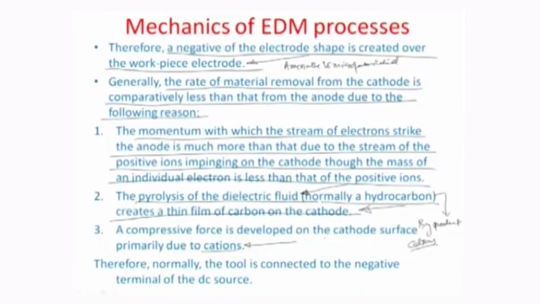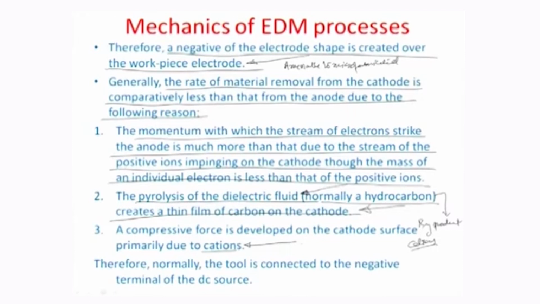That pressure incidentally is not very high on the anode surface because the electrons themselves are very light in weight. An electron weighs approximately 9.1 times 10 to the power of minus 31 kg. So the compressive force because of the cations is much more, thus creating pressure, thus creating fewer chances of diffusion of the melt, which is not true in the case of anions.